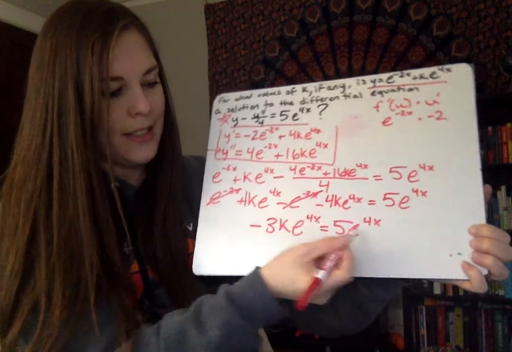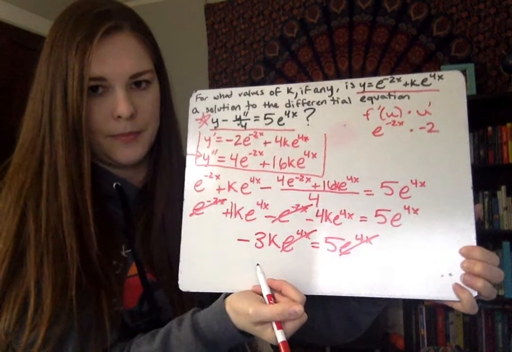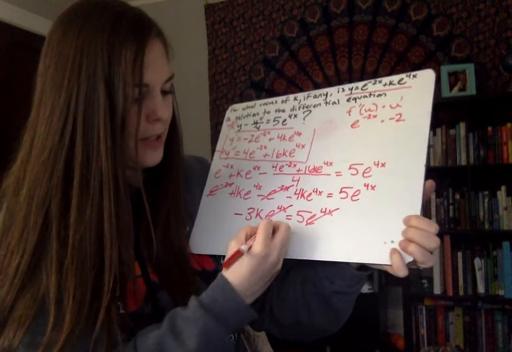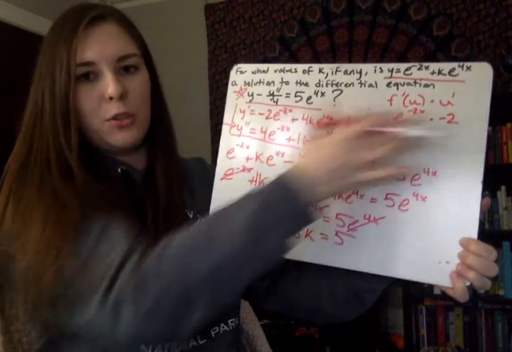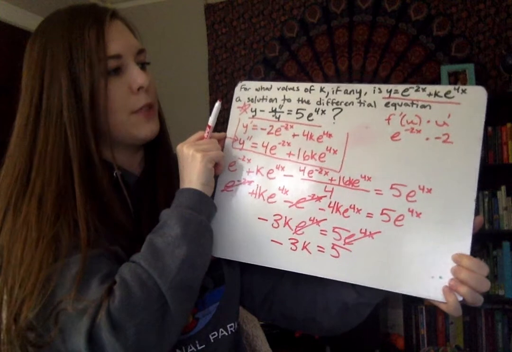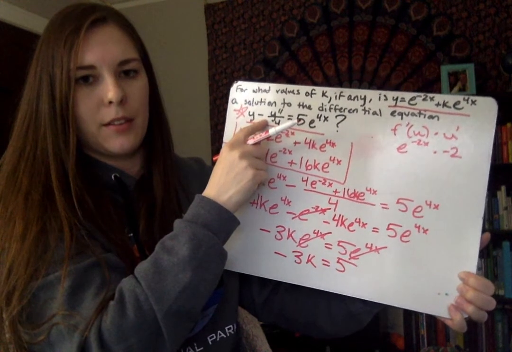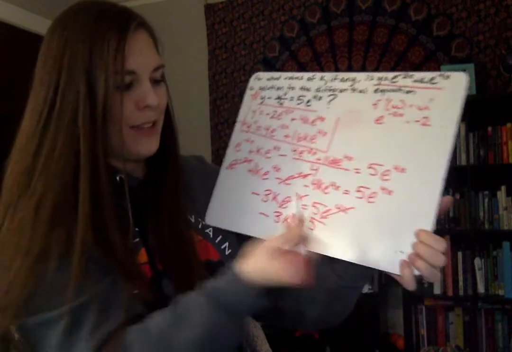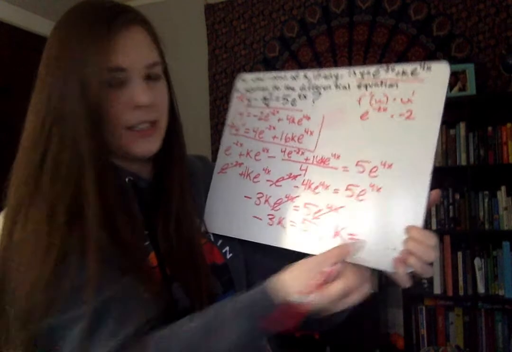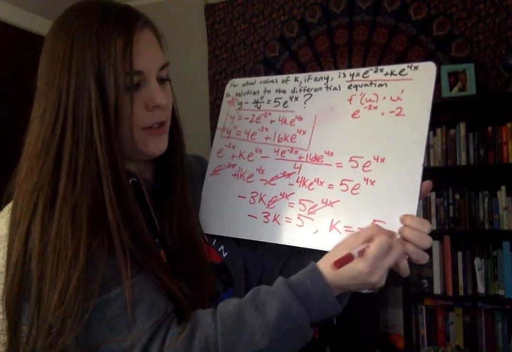Okay, since this e to the 4x is on both sides, goodbye. Now I have negative 3k equals 5. So I know in order for all of this to be true, in order for the differential equation to fit this property up here that we started with, and use this function, my k value will need to equal negative 5/3.